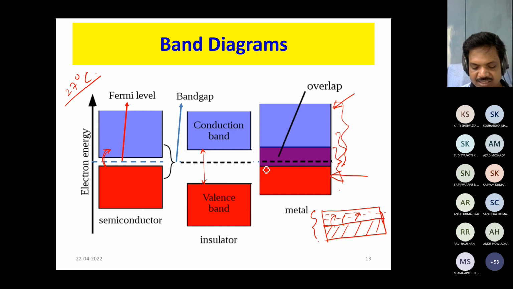This Fermi energy level is basically another energy level which is defined as follows: if you consider this energy level, the probability of occupancy of an electron is 50%. Okay, let me tell you again and let me explain what I wanted to mean here.